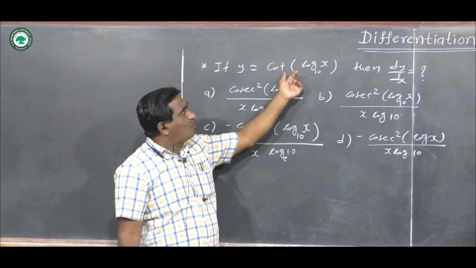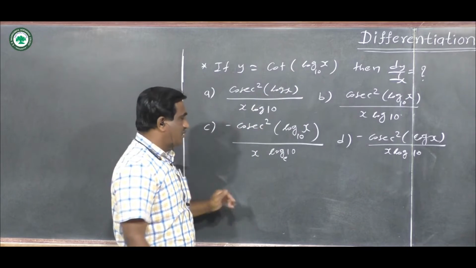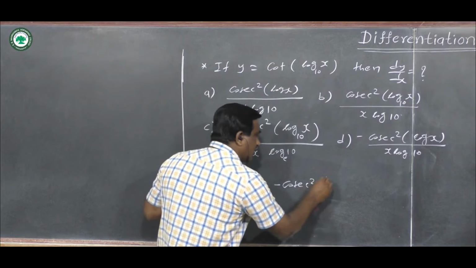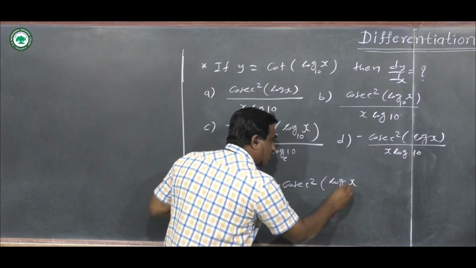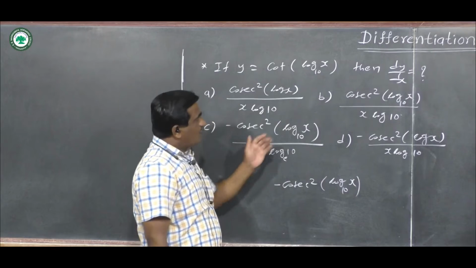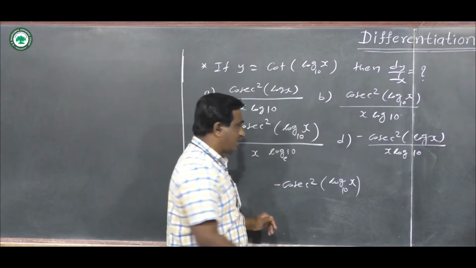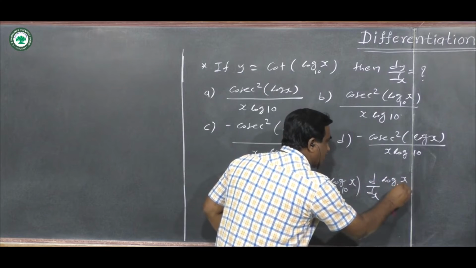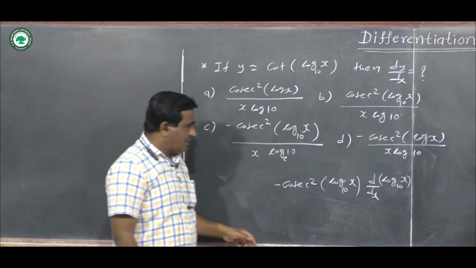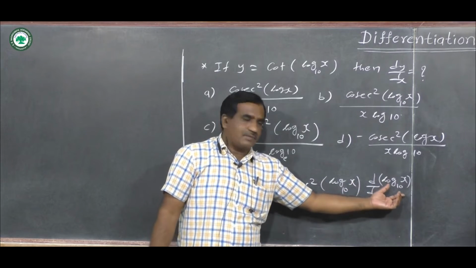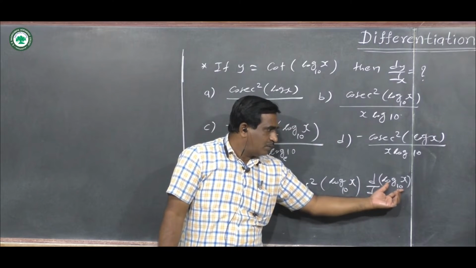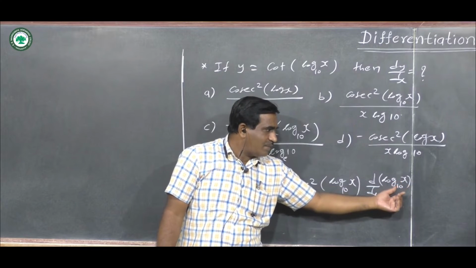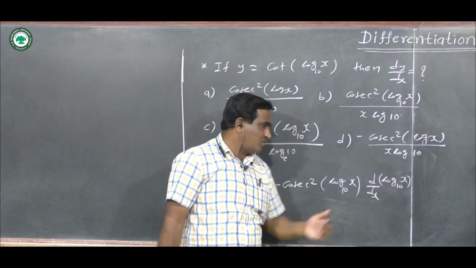We know that derivative of cot of f of x is minus cosec square of f of x, that is log x to the base 10, into derivative of this log x to the base 10, that is dy dx of log x to the base 10. Okay. Now here we have to use change of base theorem rule. Log x to the base 10 can be written in the form log x to the base e upon log 10 to the base e.